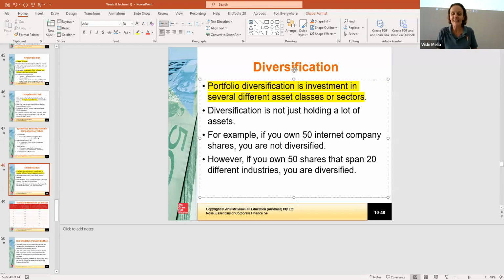So as it says here, we wouldn't call it diversified if you said to me, I've got shares in 50 companies, but they're all internet companies. That's not diversified. So we're looking at different assets. If you're investing in shares, invest in different industries to achieve this concept of diversification.